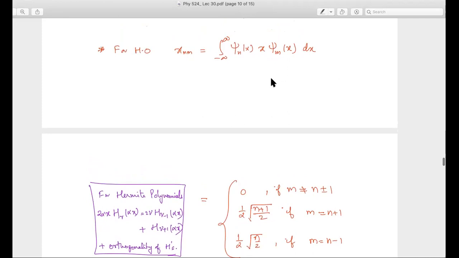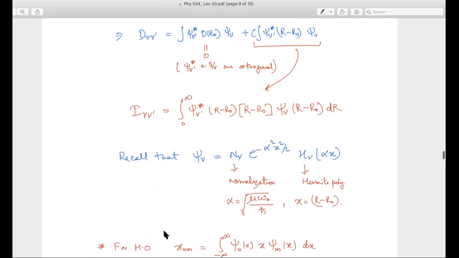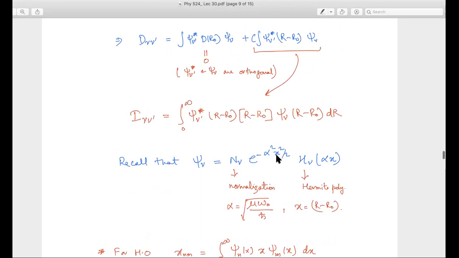The easiest way to derive this is to recall the Hermite polynomial recursion relation. So 2 alpha x times H nu of alpha x is related to 2 nu H nu minus 1 plus H nu plus 1. So use this recursion relation, and then we use the orthogonality relation of the Hermite polynomials, H nu times H nu prime with the appropriate weight function, which is given by e to the power minus alpha square x square.